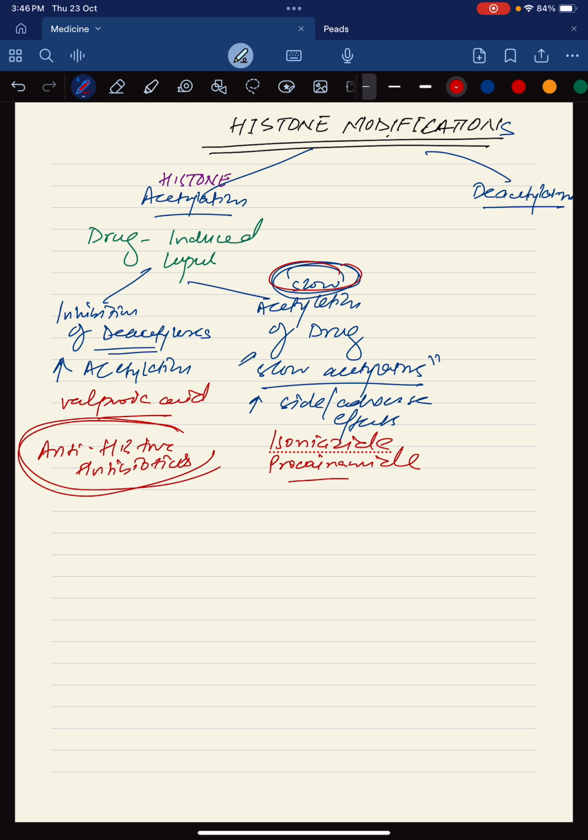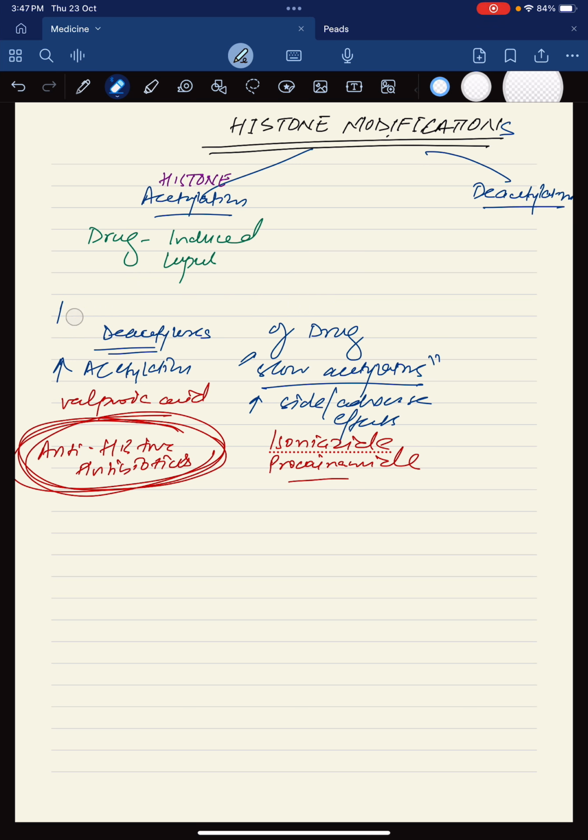But need to remember there are anti-histone antibodies. Histones are basically involved in this drug-induced lupus to be the culprit in causing the effects. So this is an example that there is increased acetylation going on, and there are slow acetylators that are causing these two kinds of effects in drug-induced lupus.